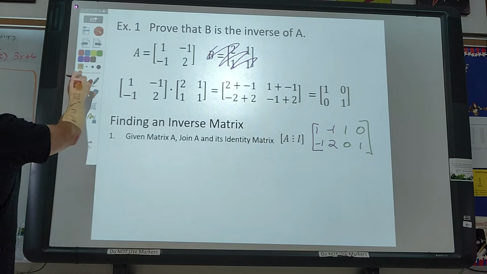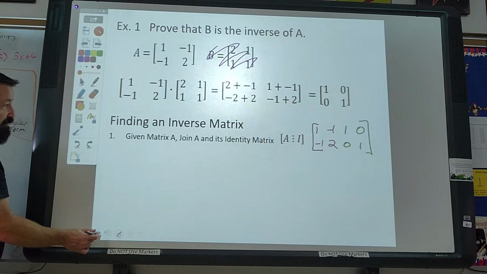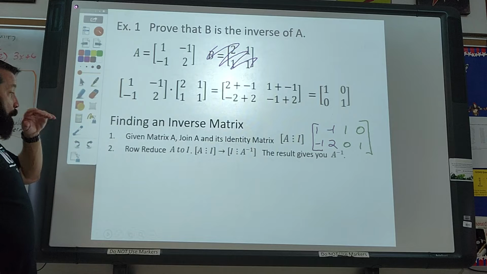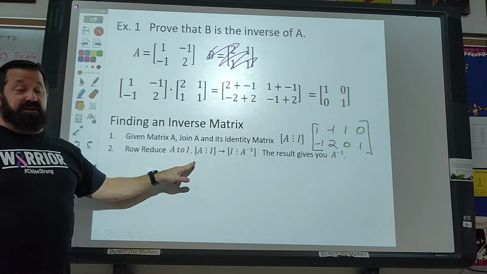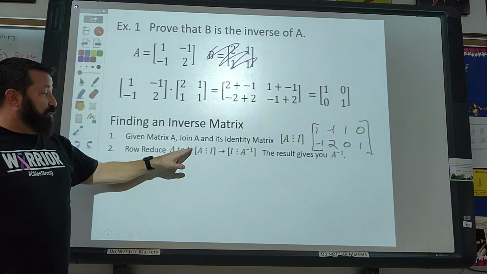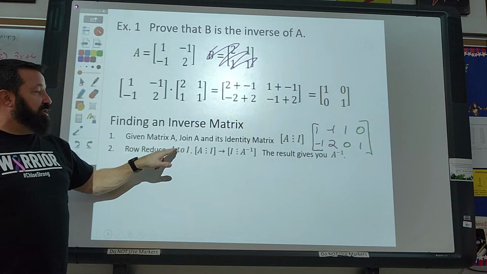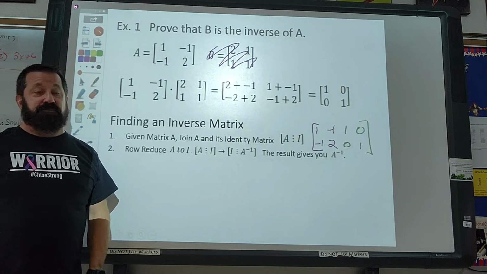Hopefully. The second step is then to row reduce A, so the left side, the stuff that I have in purple. We're going to row reduce A and turn it into the identity matrix.